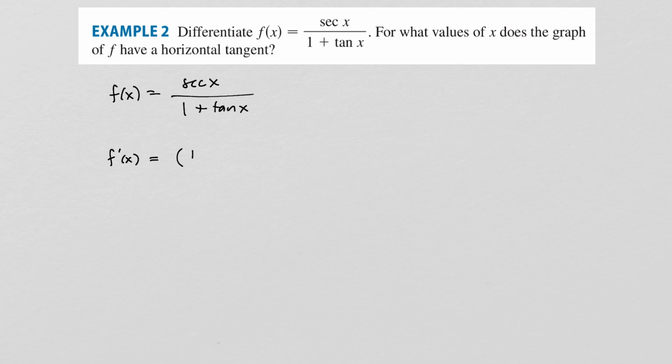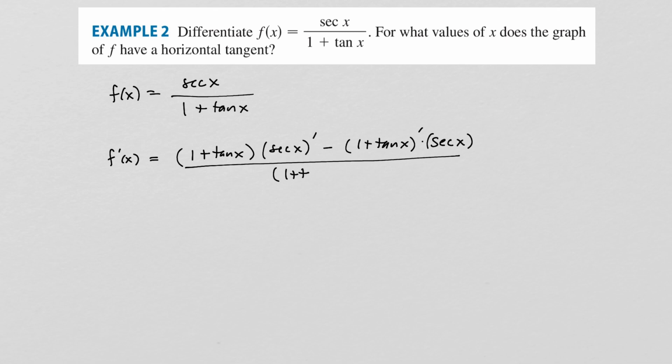And the quotient rule says to take the bottom function and multiply it by the derivative of the top function, minus the derivative of the bottom function multiplied by the top function, all divided by the bottom function squared.